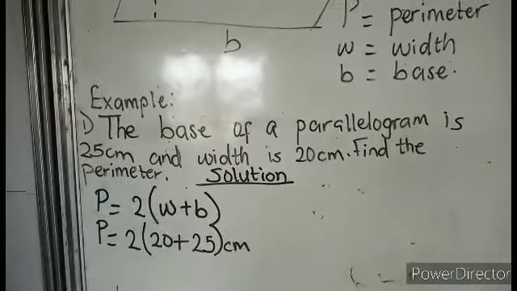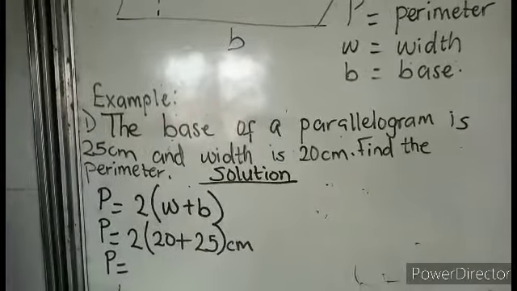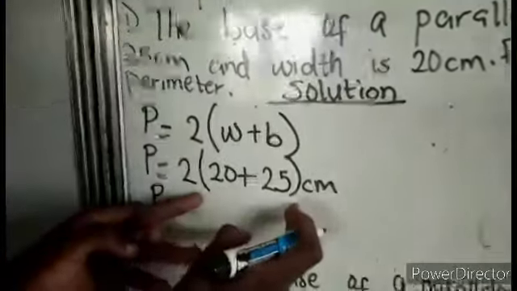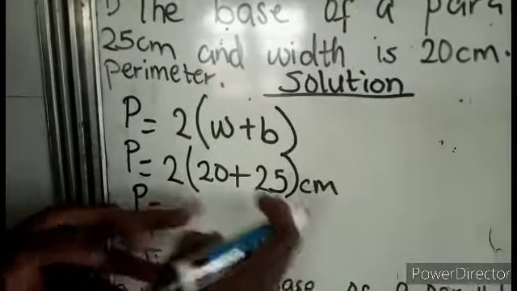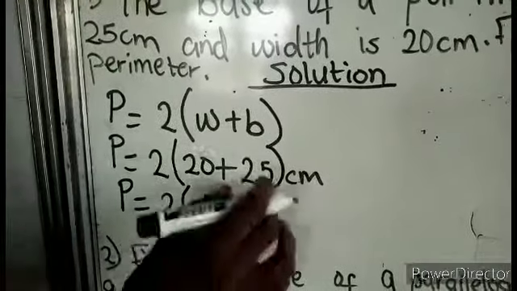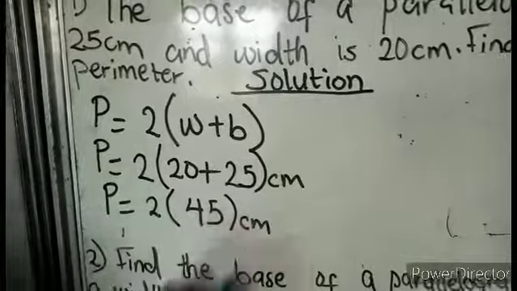Everything is in centimeters. Now you already know that the bracket means multiply. But before we do that, let's solve what is inside the bracket first. 20 plus 25 should give us 45. 5 plus 0 is 5, 2 plus 2 is 4. 45 centimeters.